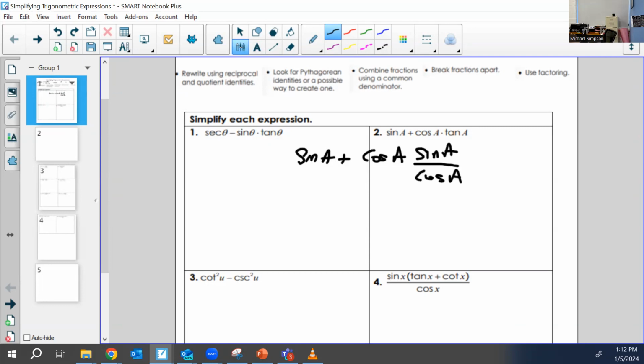That came from last semester, but if you look at your quotient identities on the second page, same thing here.